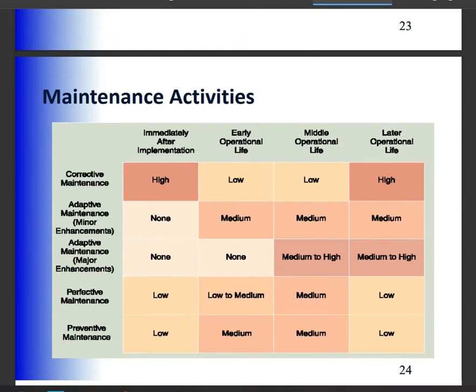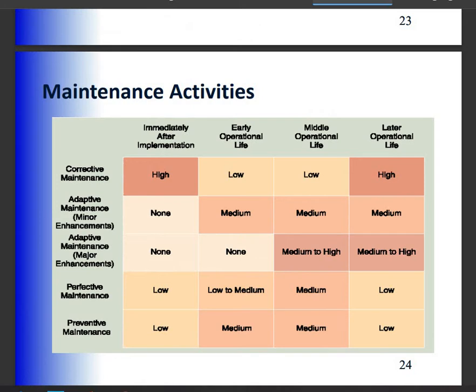Dan kalau kita lihat kepada the timeline, okay, maksudnya kita ada dekat sini immediately after kita implement ataupun immediately selepas kita install kita punya sistem dekat customer punya server. Kemudian kita ada early operational life, kita ada middle operational life dan kita ada later operational life.